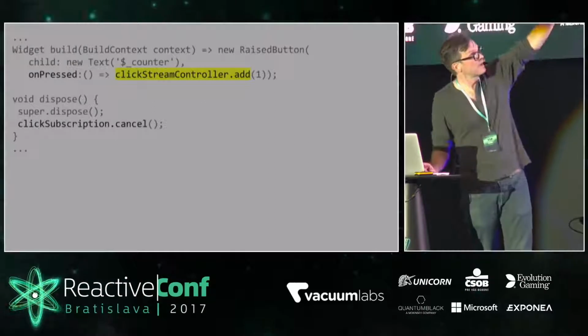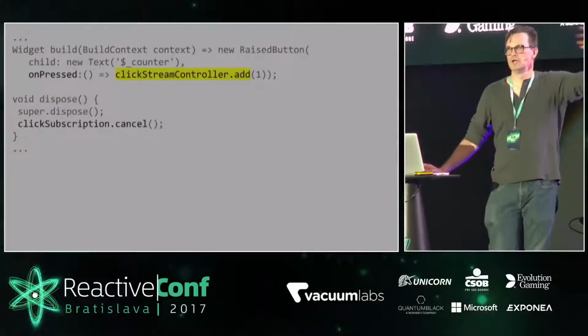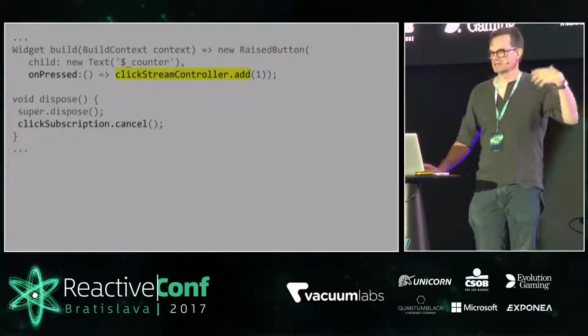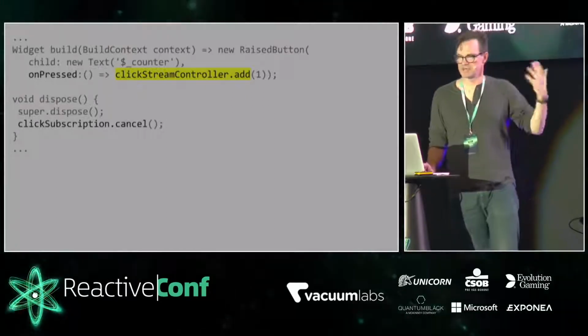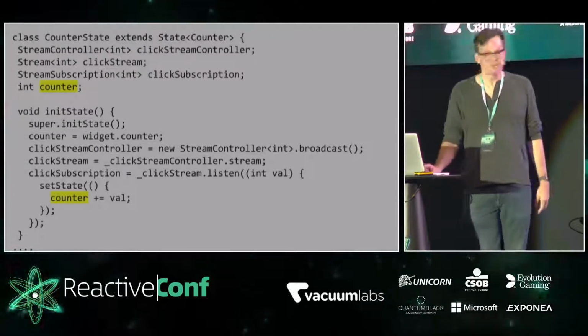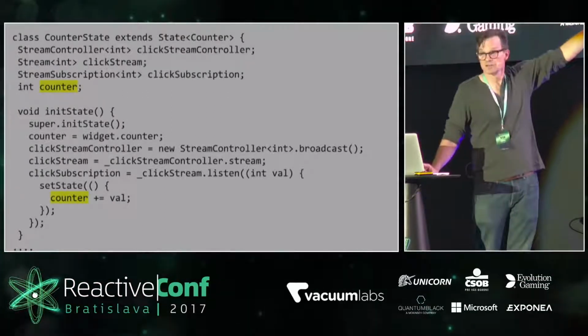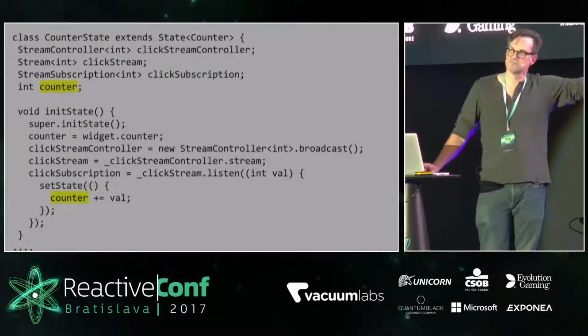And here's how you build the button. They're just mapping the onPressed handler to push the number 1 into this stream. So the input stream that you're starting with is 1, 1, 1, 1, 1, 1, 1, coming asynchronously from the user, and then they're being added up. And there is a member variable getting updated, so I can call set state with it. But that feels kind of non-functional to me.